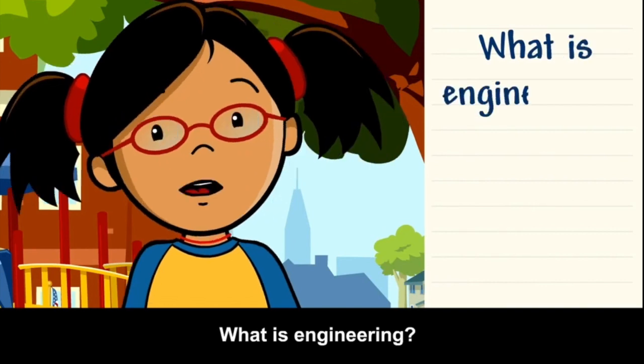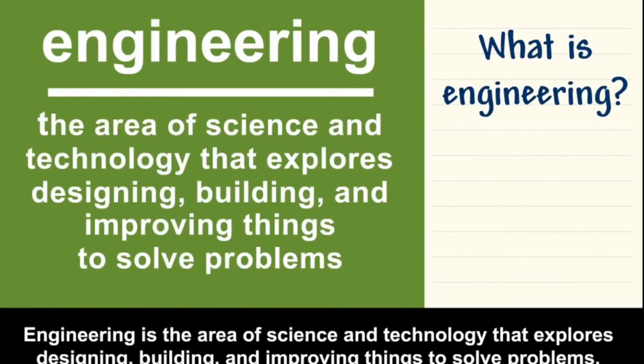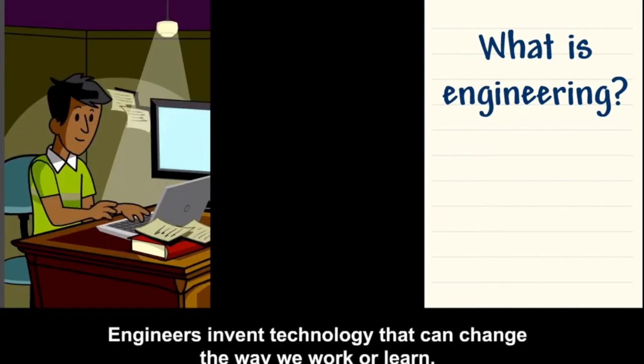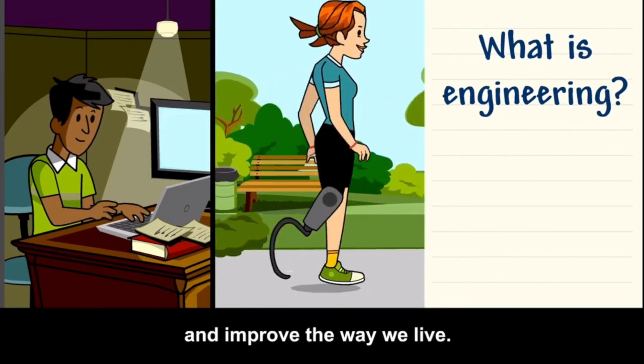What is engineering? Engineering is the area of science and technology that explores designing, building, and improving things to solve problems. Engineers invent technology that can change the way we work or learn, and improve the way we live.